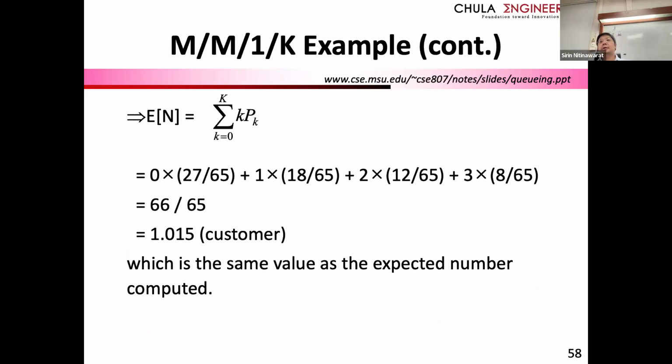So to conclude, today we start off with the simplest queuing system, the MM1 queuing system. And we derive the global balance equation, which is the basis of how we can derive the stationary probabilities, which is the basis for all the computation of performance metrics for the MM1 queuing system.